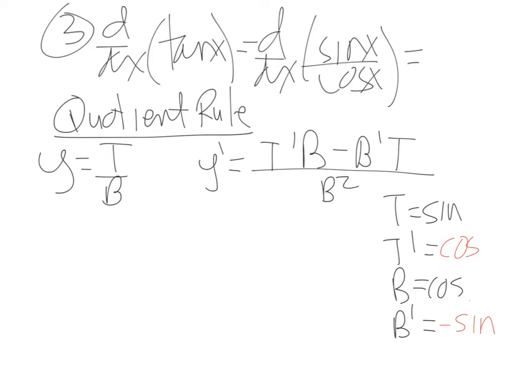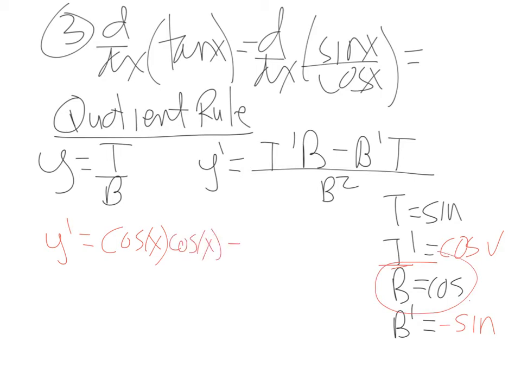Okay, let's go through and do this then. So I'm going to put things in: top prime, bottom. What I'm doing is using the quotient rule. So the top prime here is cos, so I start with that. So it's going to be cos x. Then I multiply that by the bottom, which is cos x again.